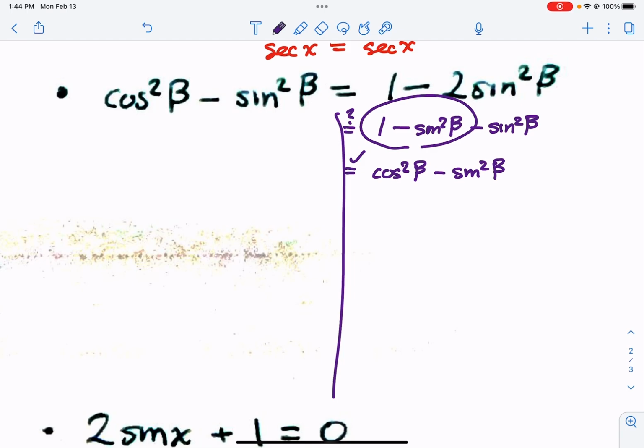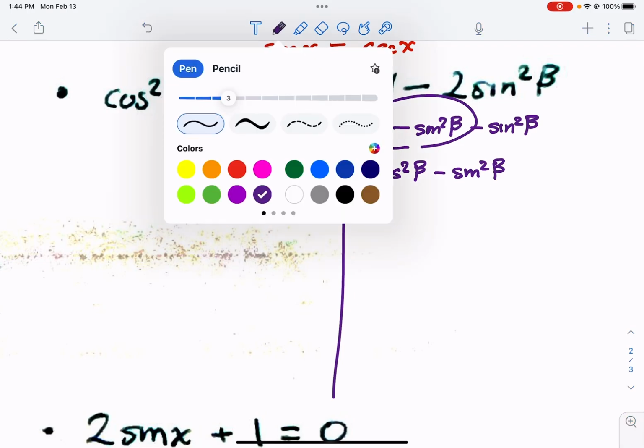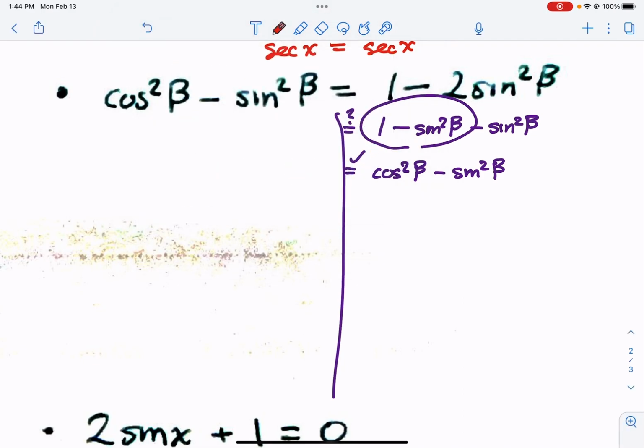Okay. How else could we prove this? Well, we could also start with the left side. So I'll do that in a different color. Let's do red. We could start with the left side and make a substitution for cosine squared of beta. It's a weird substitution, but it's actually going to work.